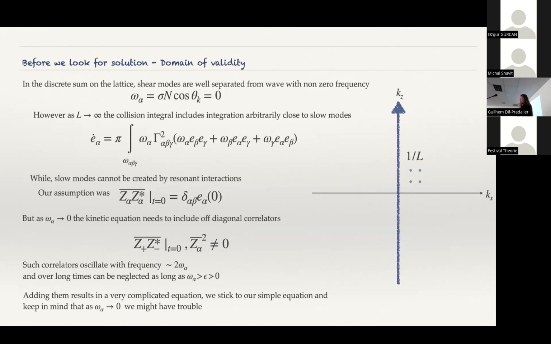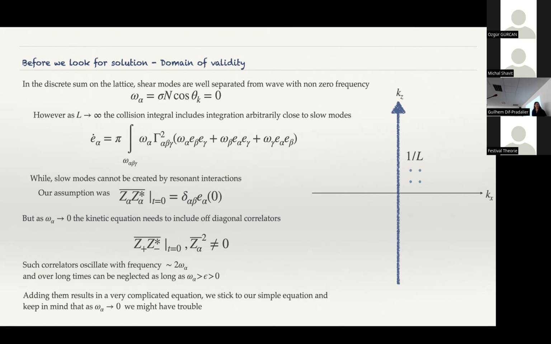One thing before we look for solutions is that I remind you again of the shear modes. When I wrote the kinetic equation, I assumed that as long as I had my L in the system, I was always some finite distance away from the shear modes.